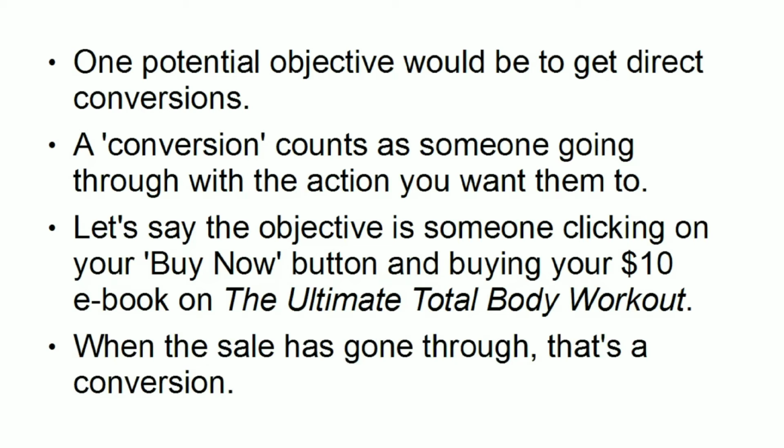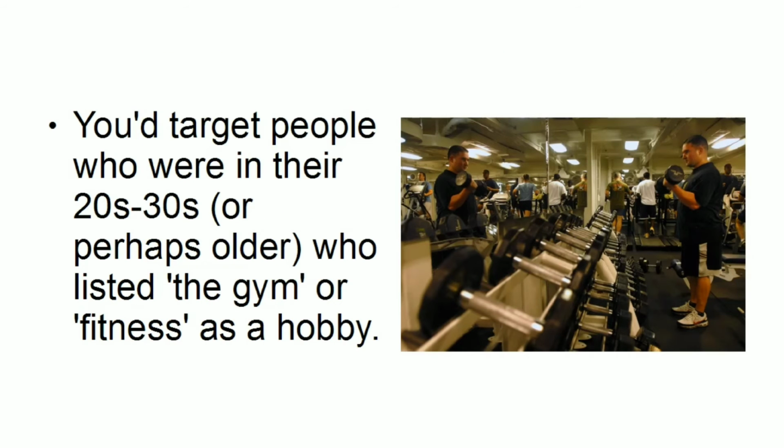And when the sale has gone through, that's a conversion. So it's making a direct sale from your website via a Facebook ad. Fairly straightforward. So what you do for this ad is you would target people who were in their 20s or 30s or perhaps older, who listed the gym or fitness as a hobby in their Facebook profile.